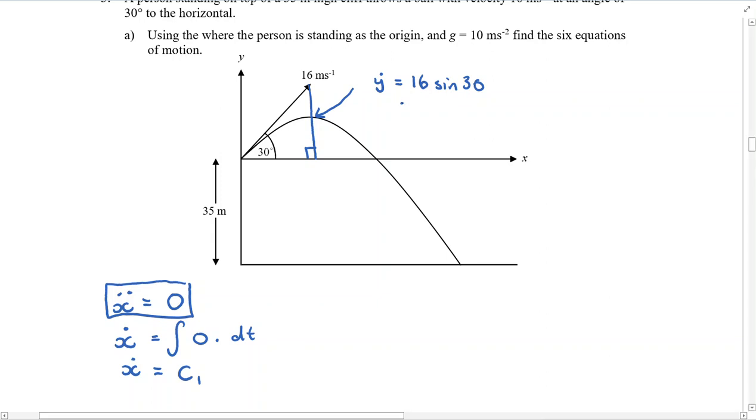So it's 16 times a half, which means that is 8 meters per second. All right, the one we need for now is the x velocity. It is going to be the velocity times cos of the angle. So 16 cos 30, and cos 30 is root 3 over 2. So divide your 16 by 2, it is 8 root 3 meters per second.